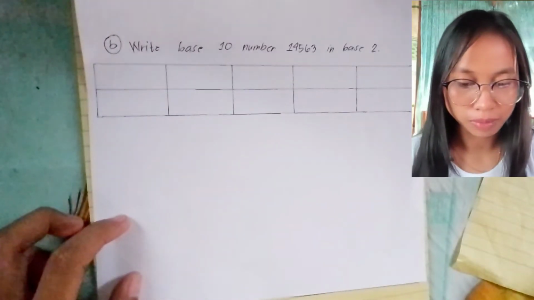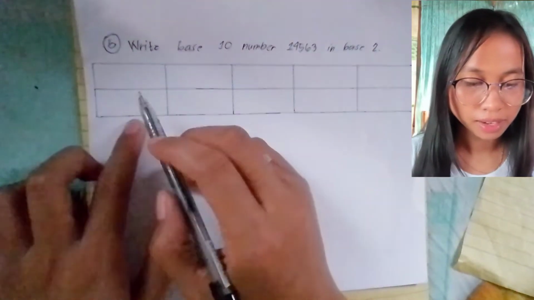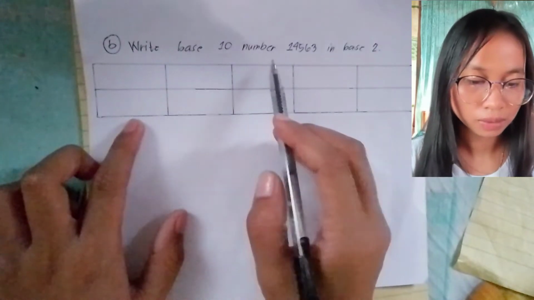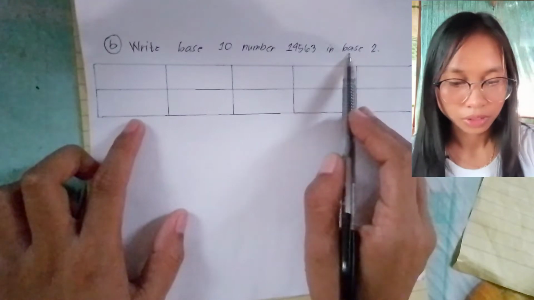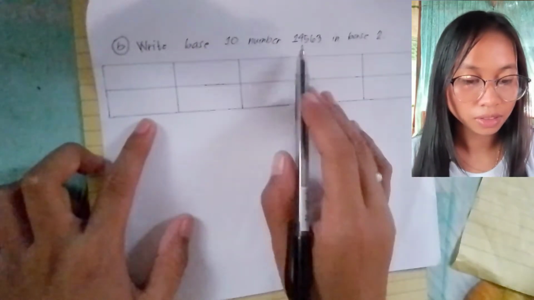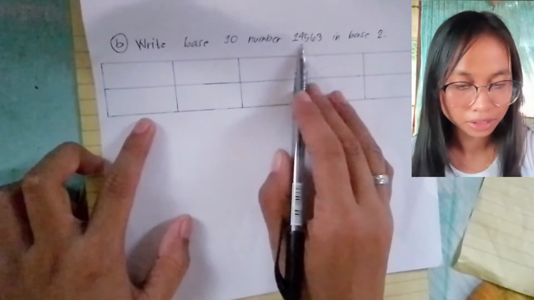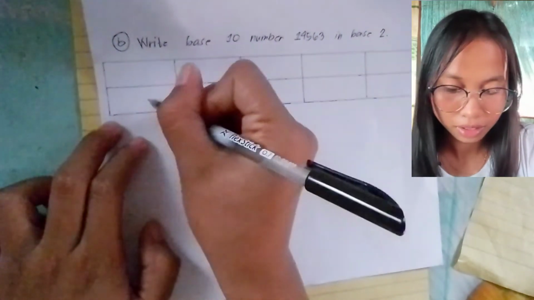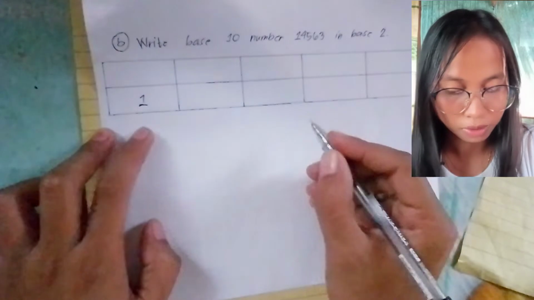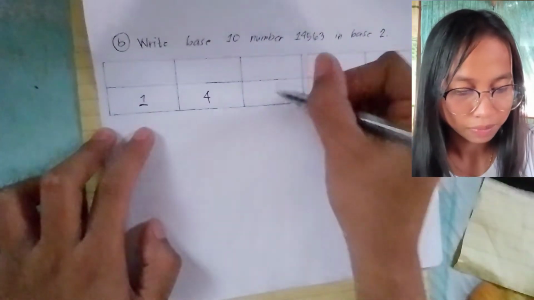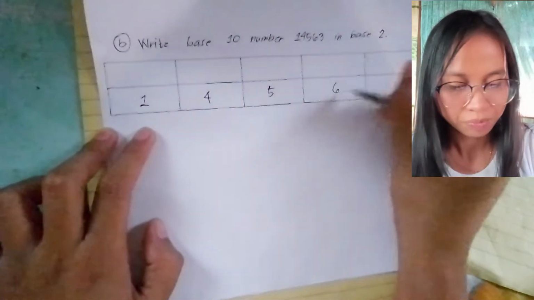Now for the second problem. Write base 10 number 14,563 in base 2. So let us separate this number here. Write down here 1, 4, 5, 6, and 3.